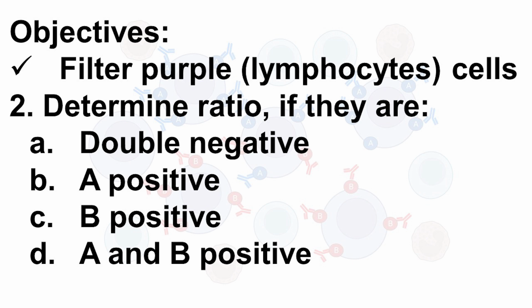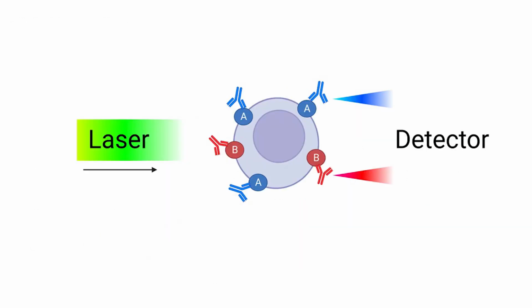As our cells pass through the tube, not only are the parameters such as forward scatter and side scatter measured simultaneously, but also fluorescence is detected. In this case, we have fluorescent antibodies labeling our lymphocytes.